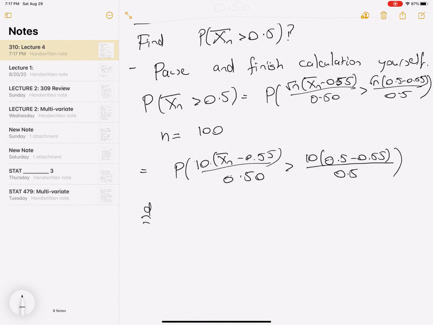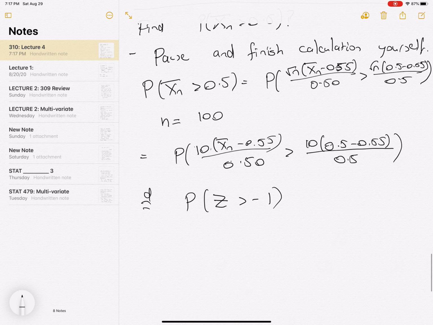I'm going to use the notation Z to denote a standard normal random variable, and this is the probability that Z is bigger than -1. So that whole right-hand side just becomes -1.